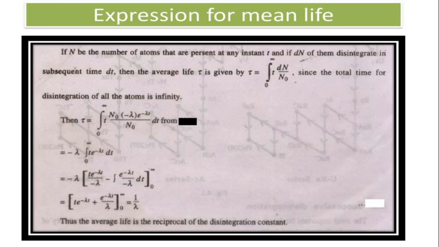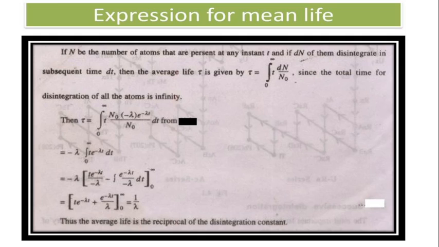So we can find out what dN is. By differentiating that equation, we get dN as N0 lambda into e raised to minus lambda t dt, and divide it by N0. Then integrate it. We know that the integral variable is dN, so for dN the initial value is N0 and the final value is N.